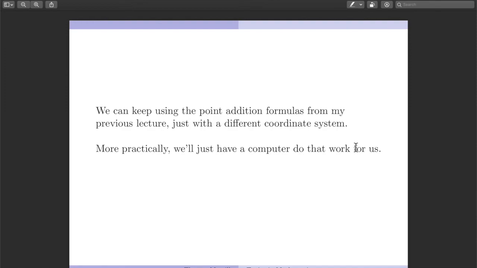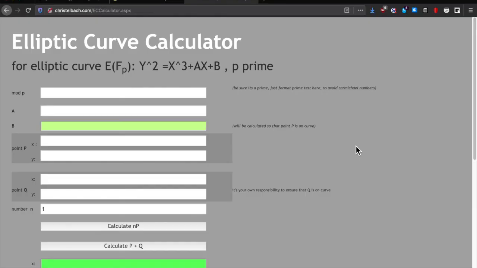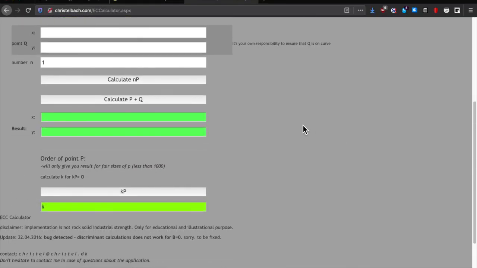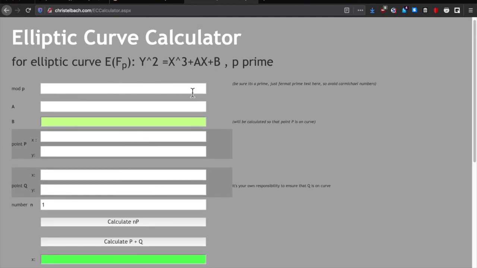I'm not going to ask you to do those kinds of calculations by hand. So instead, we can have a computer do the work for us. Let's go to the calculator again. So my prime number was, again, 420,691. My A was 114. My B was 100. My point P, I said, was 0, 10.